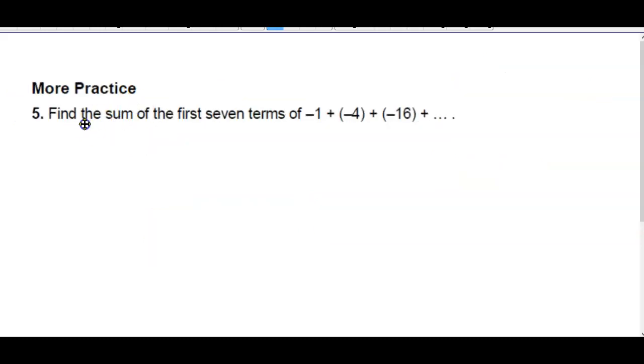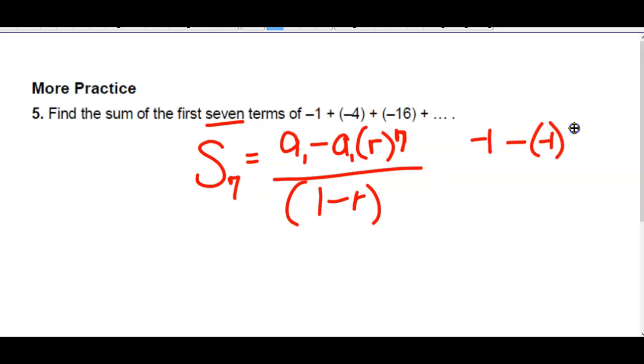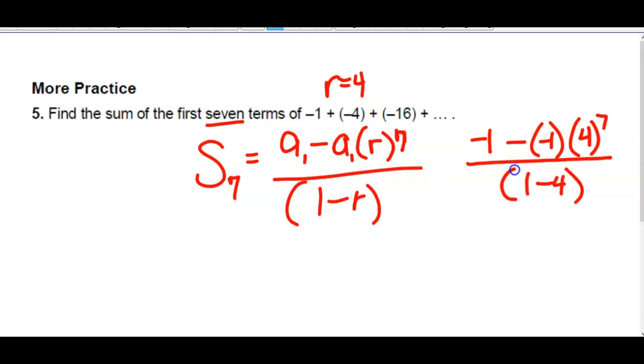All right, find the sum of the first 7 terms. So now we're using a specific number again. So it's the first term minus the first term times r to the 7th in this case, all over 1 minus r. So -1 minus, be very careful, there's a lot of negatives here, -1, r is 4, they were multiplying by positive 4, over 1 minus positive 4.